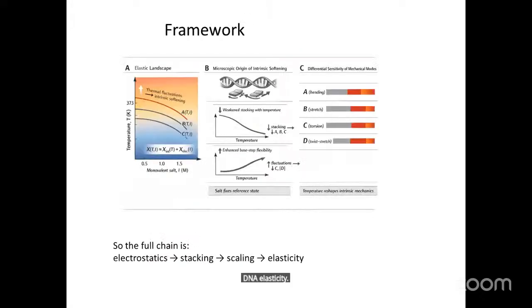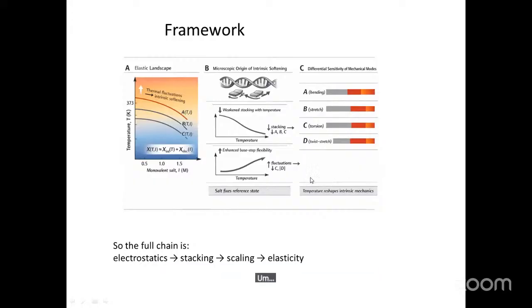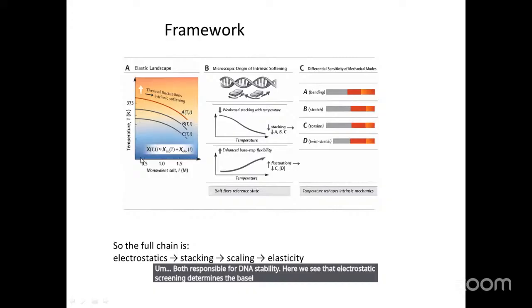So this is the full framework of our simulation. So we see that both thermal fluctuations and electrostatic screening are responsible for DNA stability. Here we see that electrostatic screening determines the baseline stiffness.